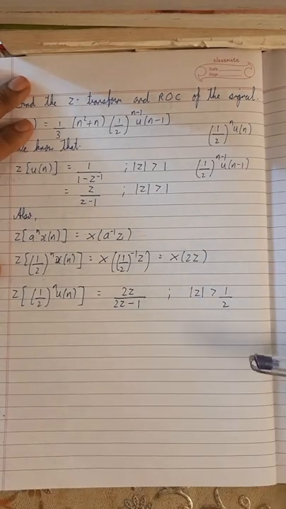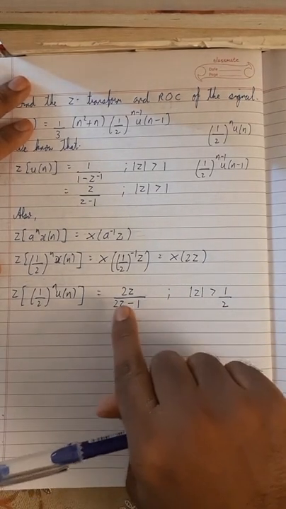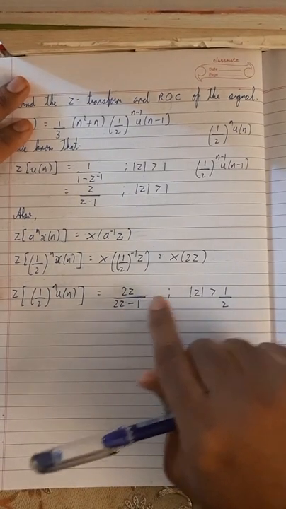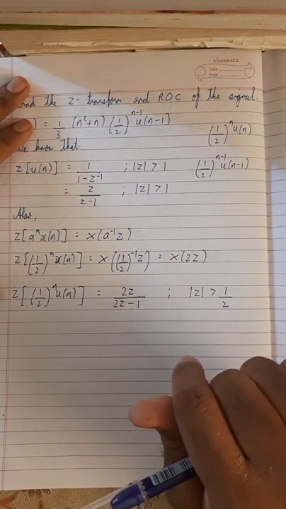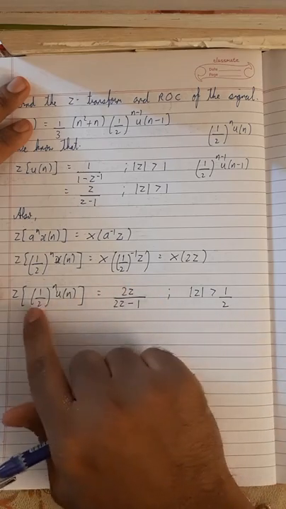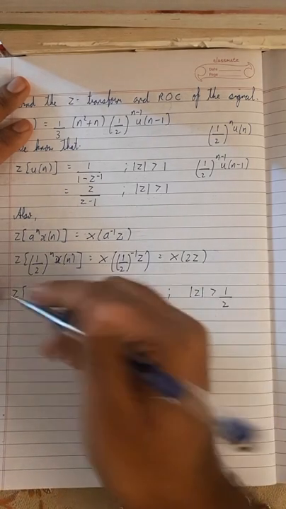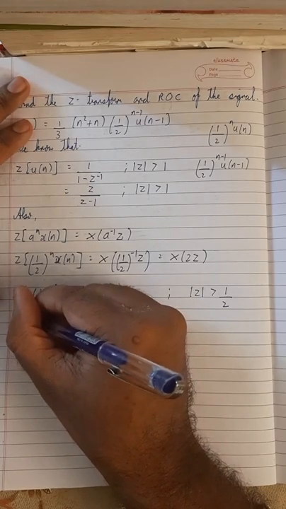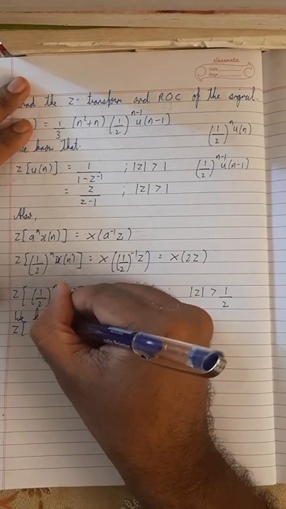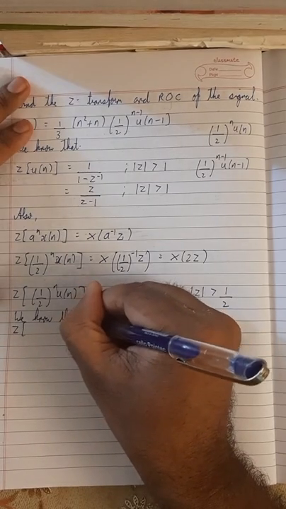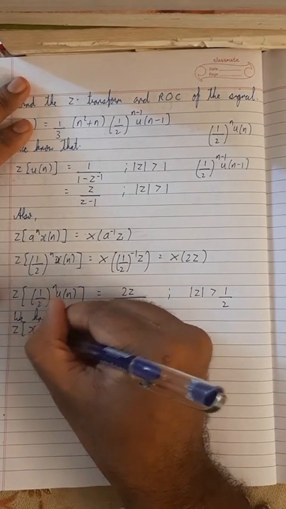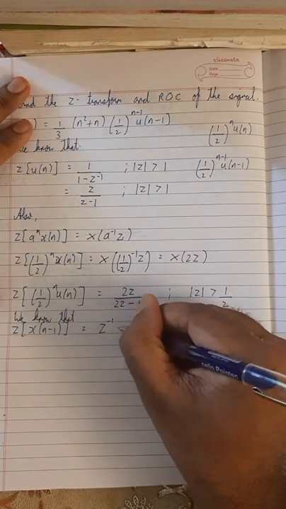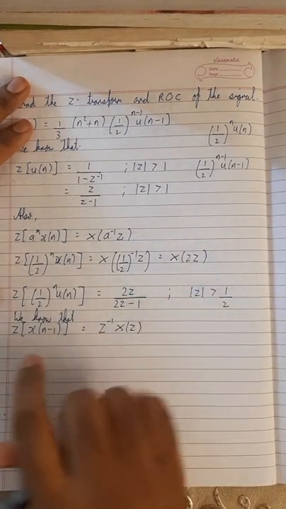Okay. So now I'm going to apply the time shifting property. We already know this is x of n, and this is x of z, and we know that the Z transform of x of n minus 1 is nothing but z inverse x of z.